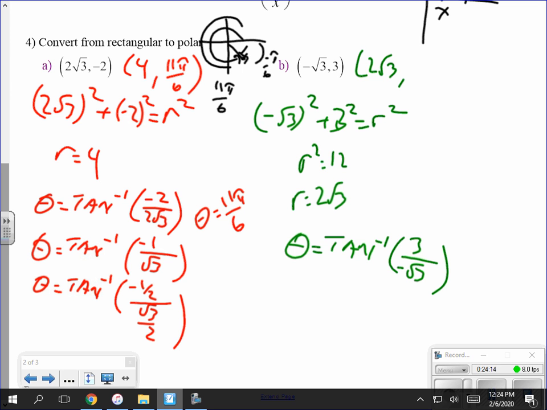You kind of got to learn some of these inverse tangents from there. So I end up working it out, and I get theta equals 2 pi over 3. Is that going to stick me in the right quadrant? Where's my original point at? It's negative x, positive y, so my original point is up here somewhere, right? Is 2 pi over 3 going to stick me there? If I go around to the angle here, 2 pi over 3, is that going to work? Yeah, that'll work.